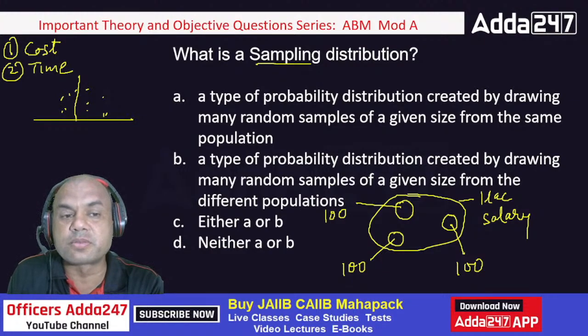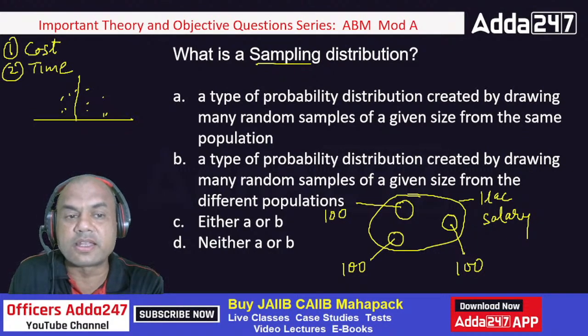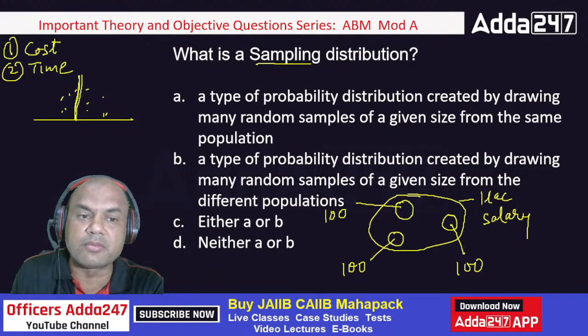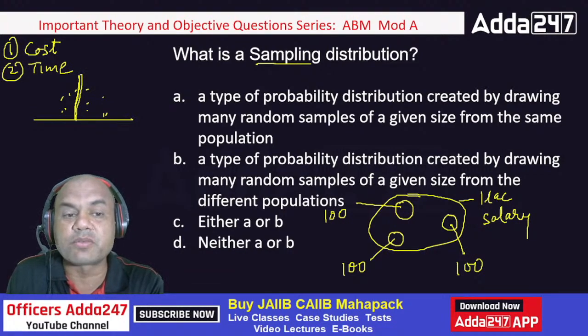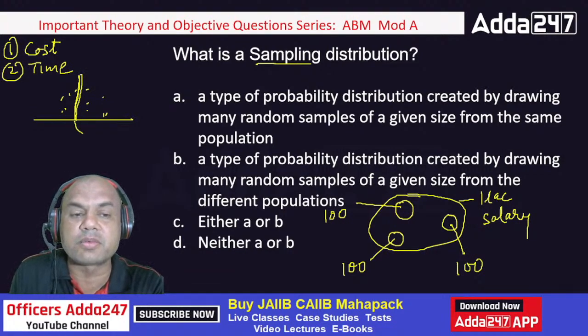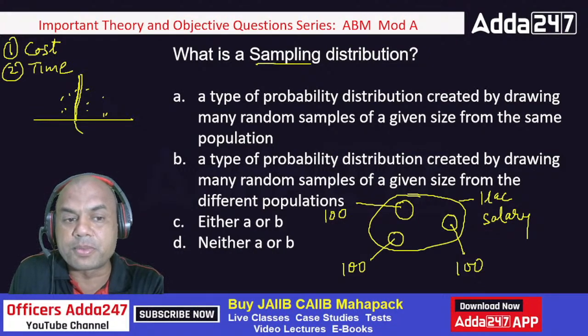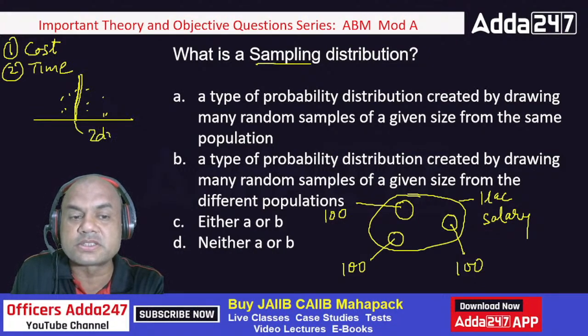We always distribute the samples over here, and this is the population mean, meaning the complete salary mean of 1 lakh persons, which I generally get from secondary data. What is the population mean?